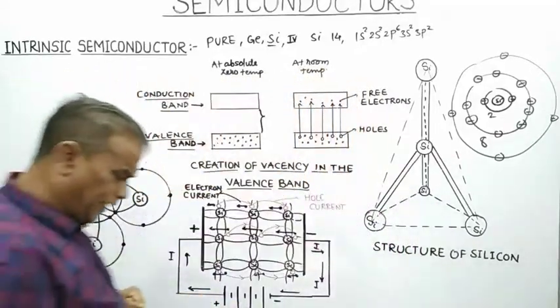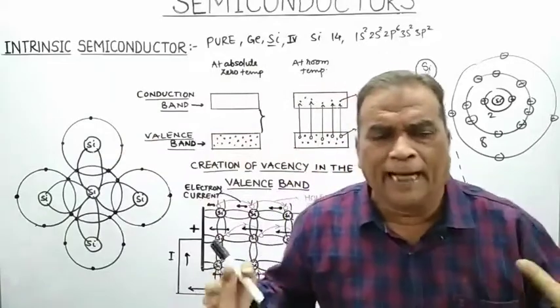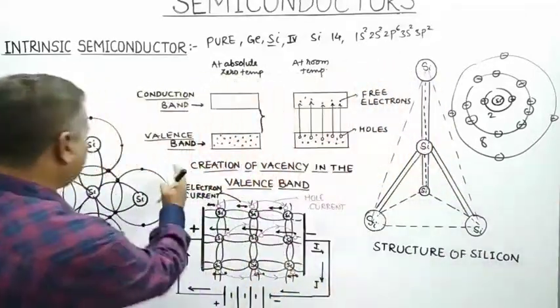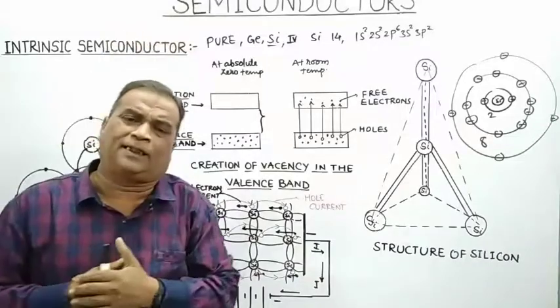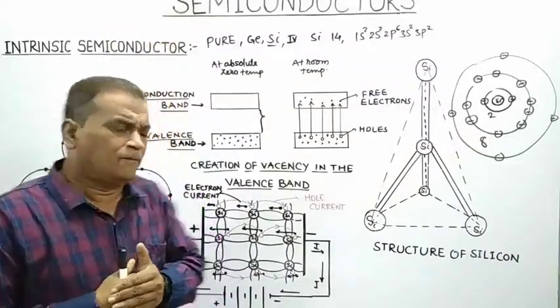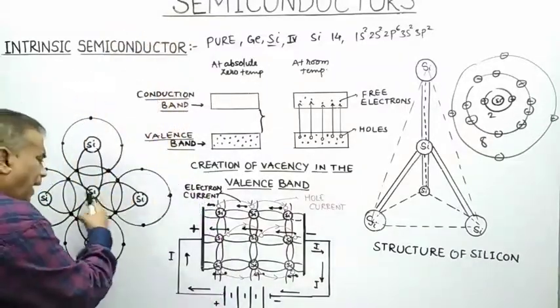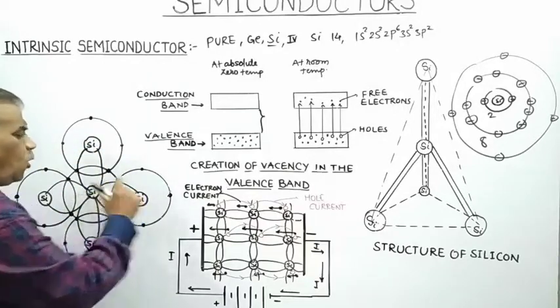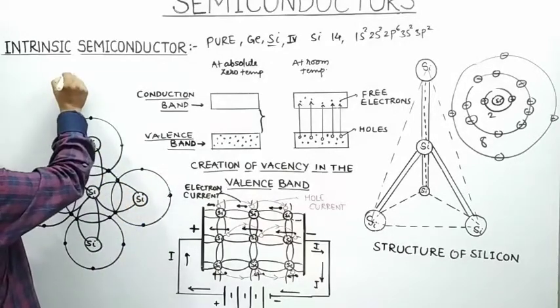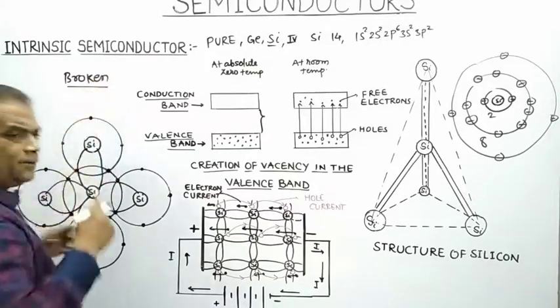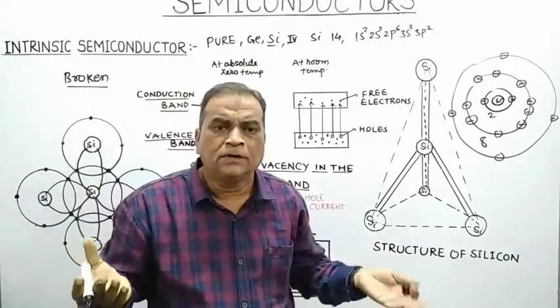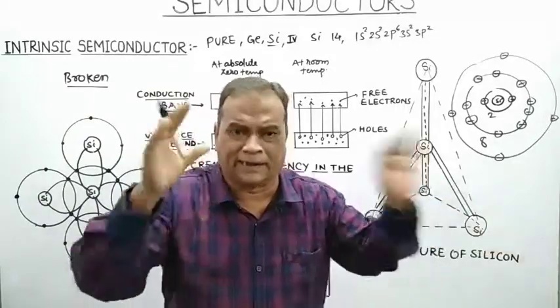Now at room temperature, what happens? At room temperature, as far as intrinsic semiconductors are concerned, a few of the covalent bonds will break down. Due to what? Due to thermal agitation.